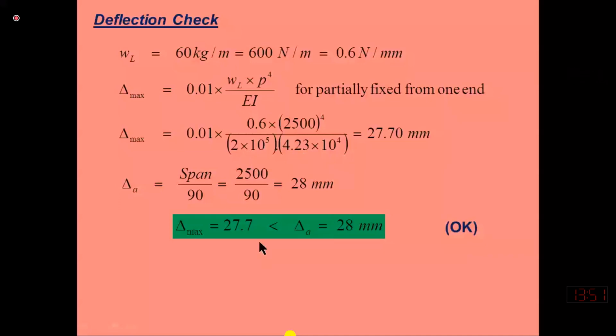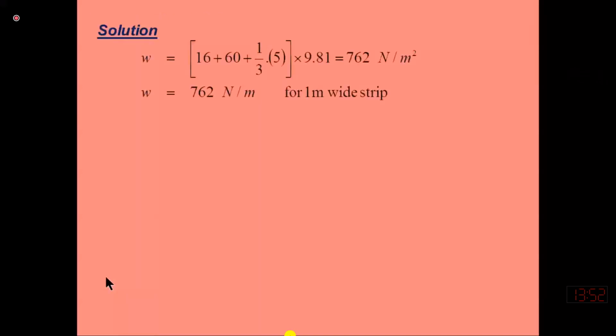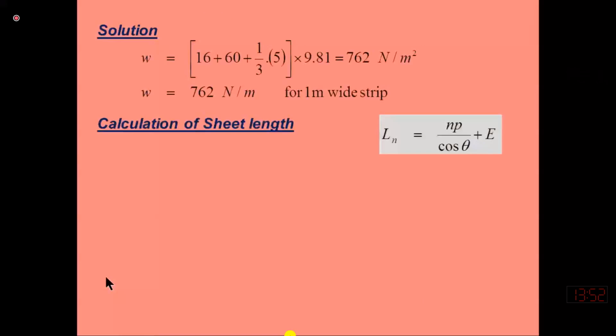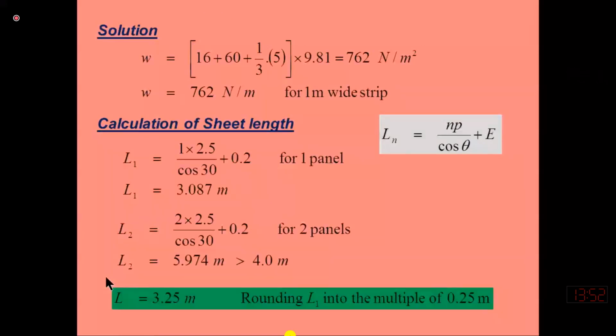Okay, here, last time I have already explained. The effective area covered by one sheet is equal to C into L minus E. Actually we are using a sheet size of 3.25 meter length, just like we calculated here, and the width of the sheet will be 0.7 meter.